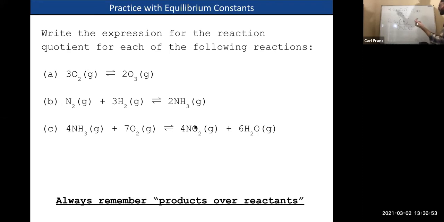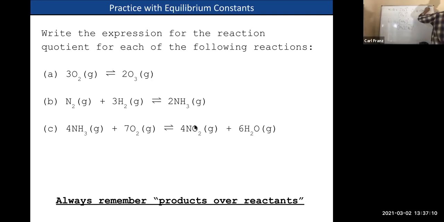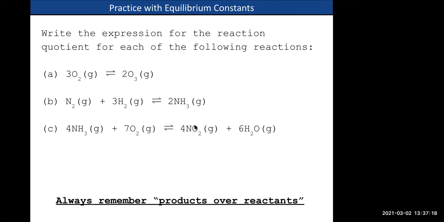So it's just products over reactants, right? NO2 to the power of what? 4. Plus H2O to the power of 6. And then ammonia to the power of 4.